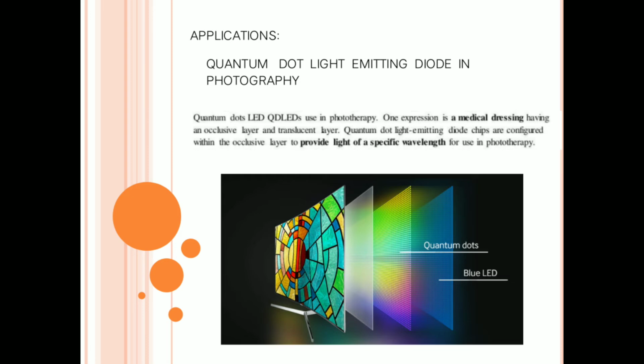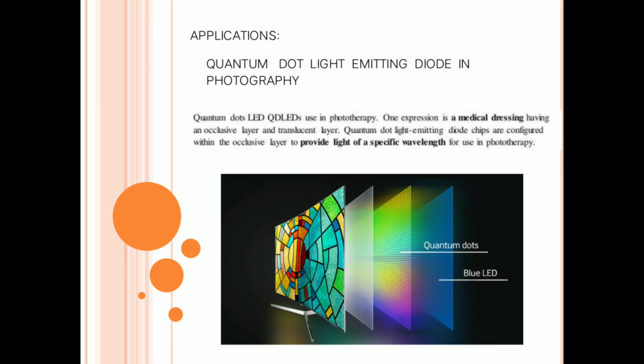Applications: quantum dot light emitting diode in photography. We have some applications using quantum dots in the LED field, and also in the photography field. Quantum dot LEDs are used in phototherapy. One example is a medical dressing having an occlusive layer and a translucent layer.